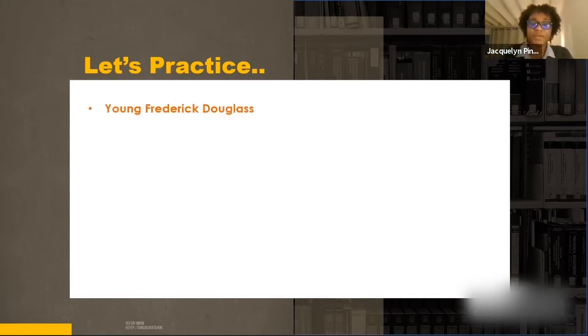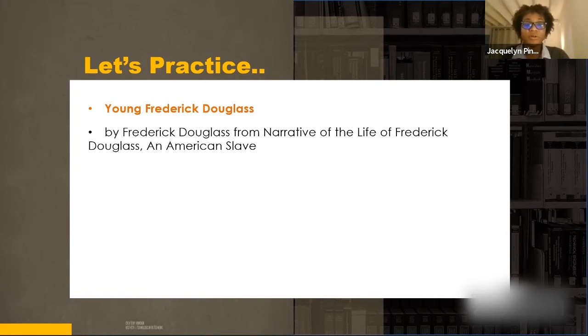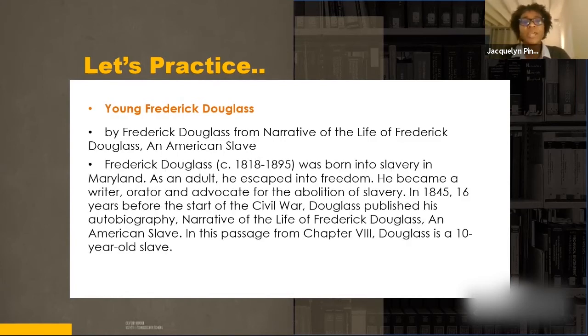Okay, so now this is a preface to what we're reading. Frederick Douglass, this is a narrative here, Narrative of the Life of Frederick Douglass, an American Slave. He wrote a book. So we're going to read an excerpt from that and then decide what are the main things going on there. So here's some background information about him. Frederick Douglass, 1818 to 1895, was born into slavery in Maryland.